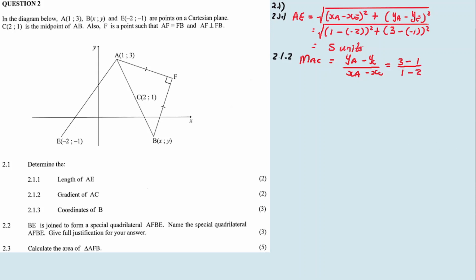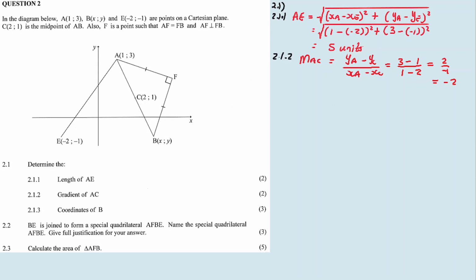Then we substitute the coordinates of A and C, and 3 minus 1 is 2, and 1 minus 2 is -1. So it's 2 over minus 1, and 2 divided by minus 1 is -2. This is our answer. Gradient AC is -2.